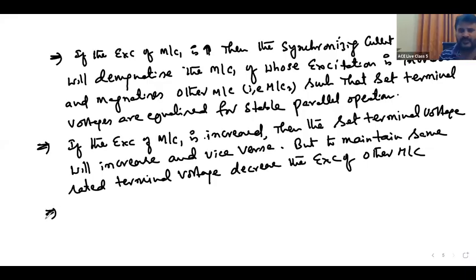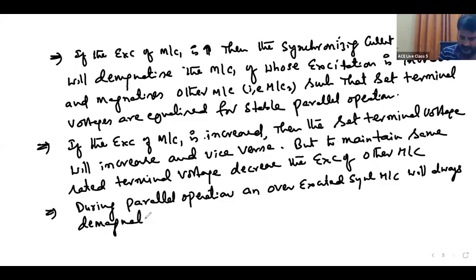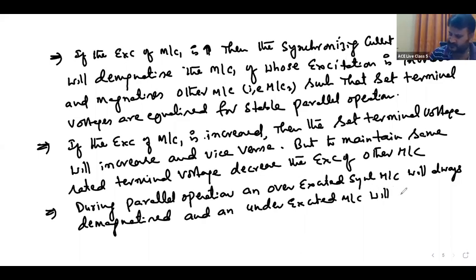Now, during parallel operation, an overexcited synchronous machine will always be demagnetized, and an underexcited machine will always be magnetized, for stable parallel operation.